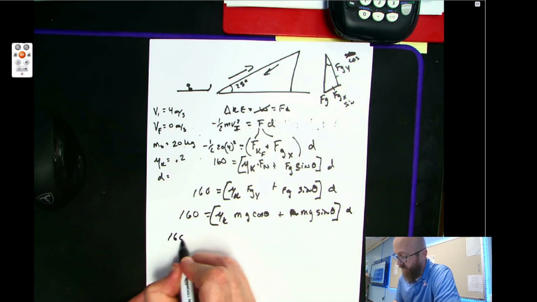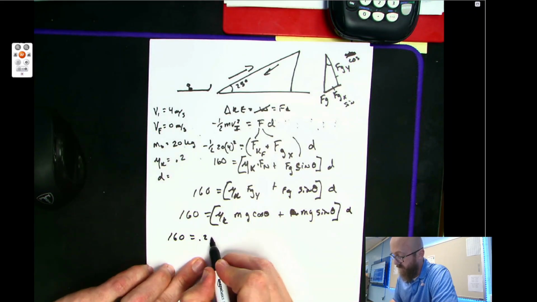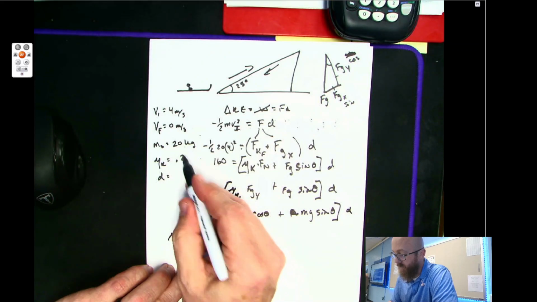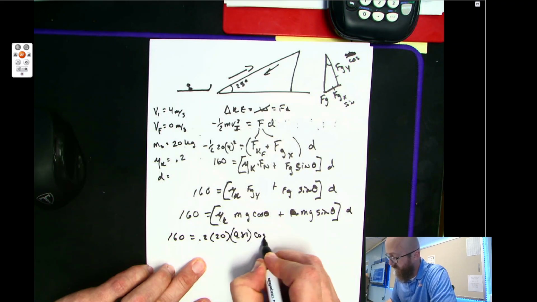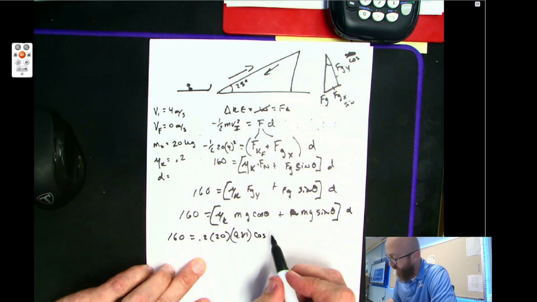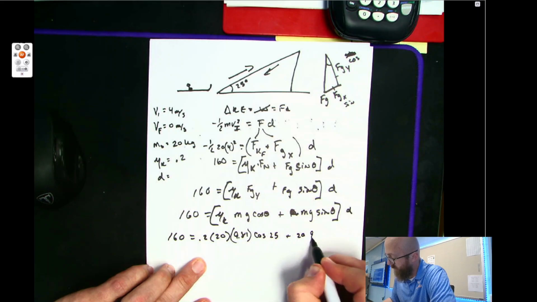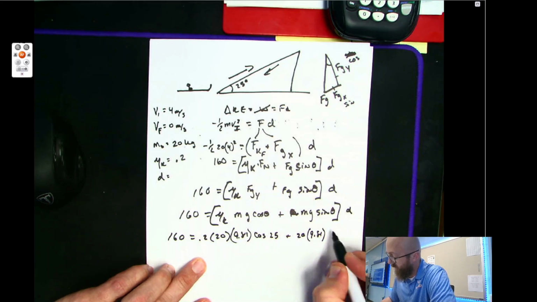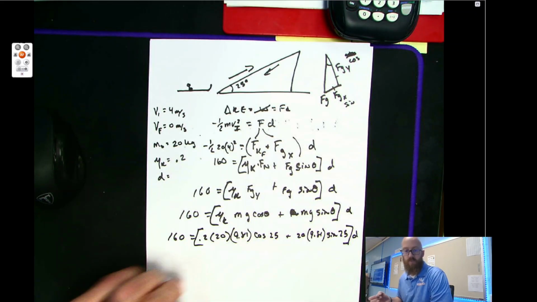So now we have 160 equals coefficient of friction is 0.2 times the mass, which we said was 20, times gravity is 9.81, times the cosine, in this case the angle is 25, plus mass again, 20 times 9.81 times the sine of 25. All of that times distance.